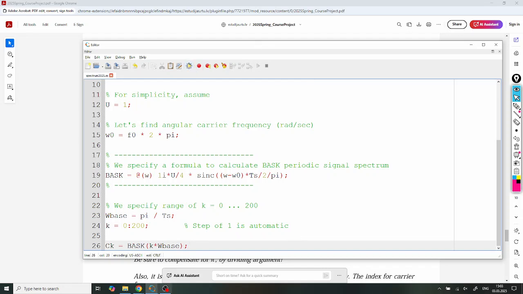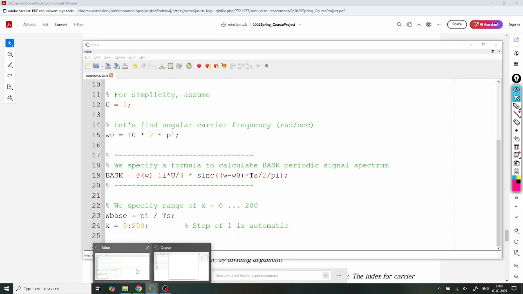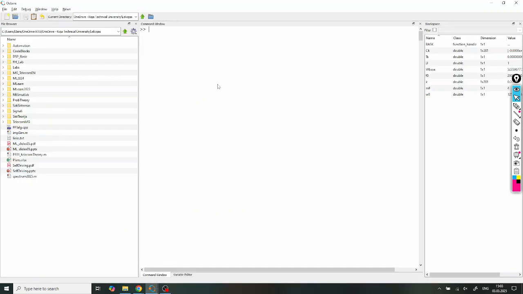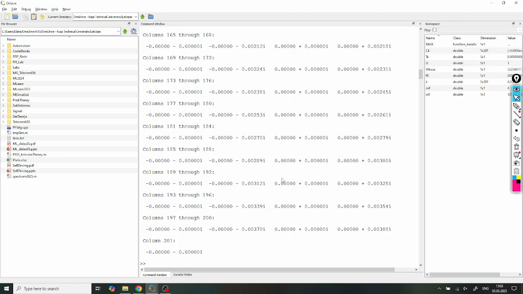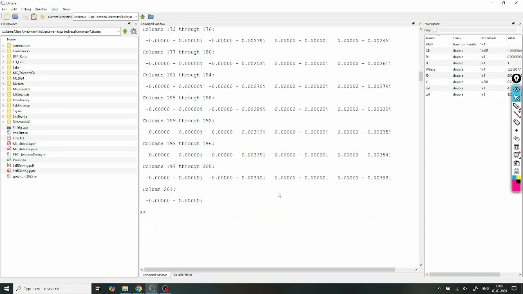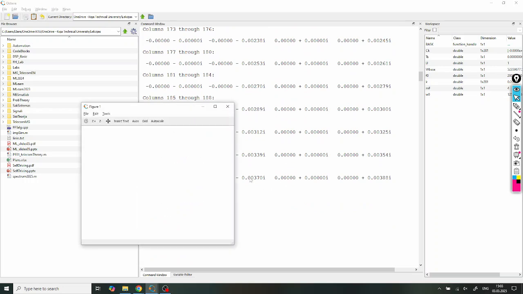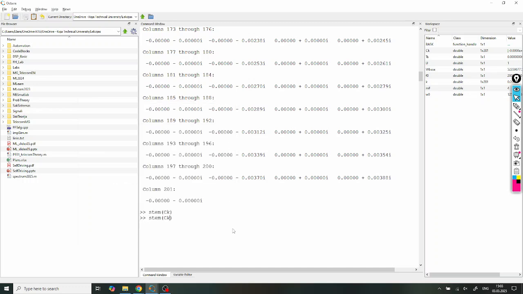So if we run it, I put the semicolon so it doesn't print anything. So we see some numbers which we can then stem. Wait, it's a complex number, so to stem it I need to have absolute value.